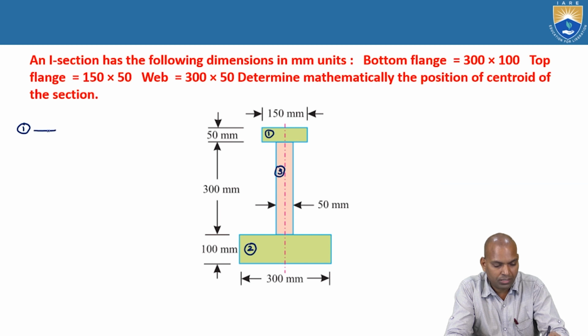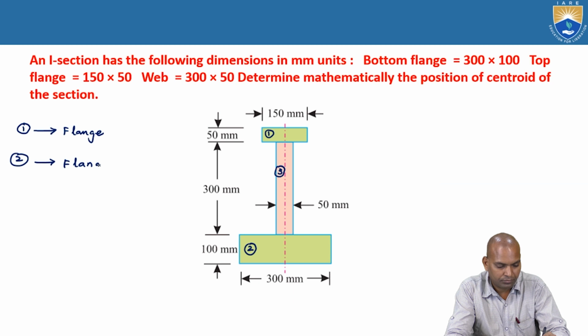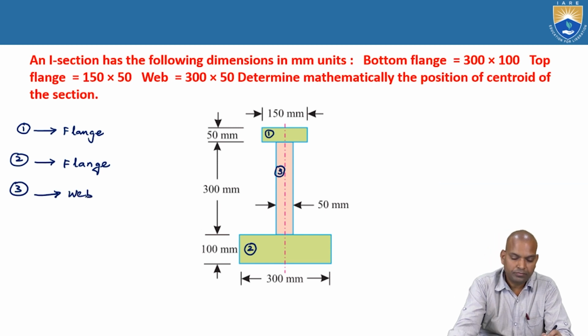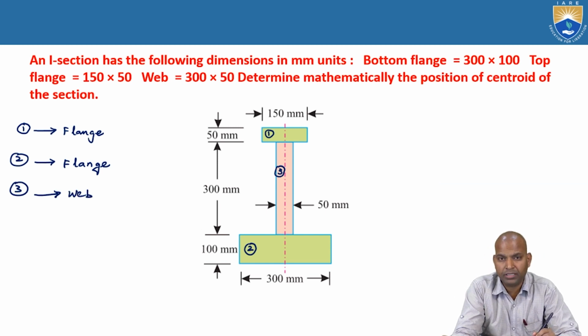So the I section has two flanges and one web.